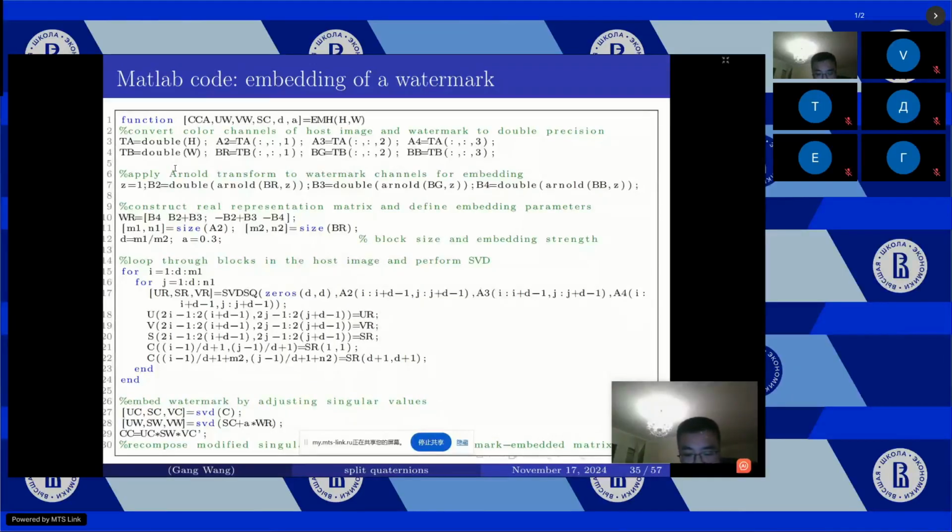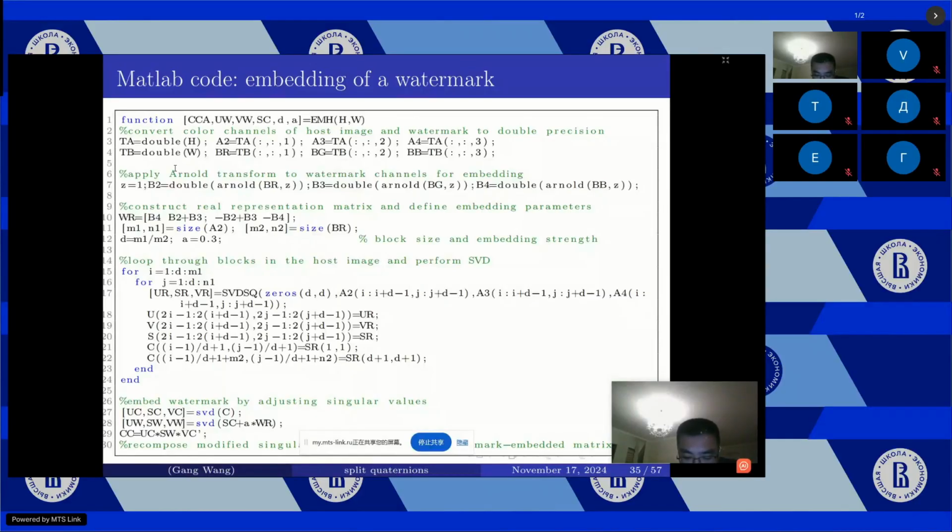Next, the watermark undergoes Arnold scrambling to enhance its security. The host image is then divided into blocks, and SVD is performed on these blocks.